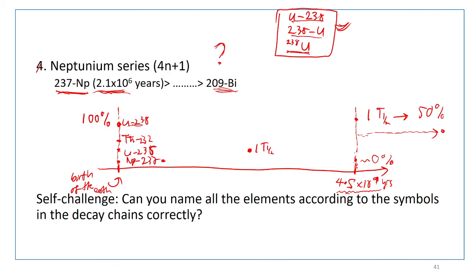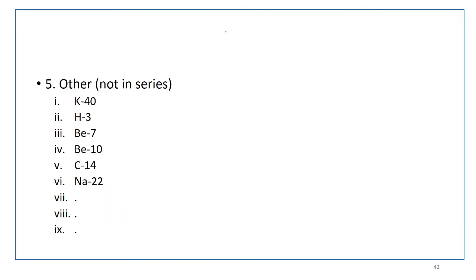So let's try to calculate quantitatively. We know that the present number of nuclei is equal to its initial number multiplied by the exponential of minus lambda t. So now think about uranium 238.